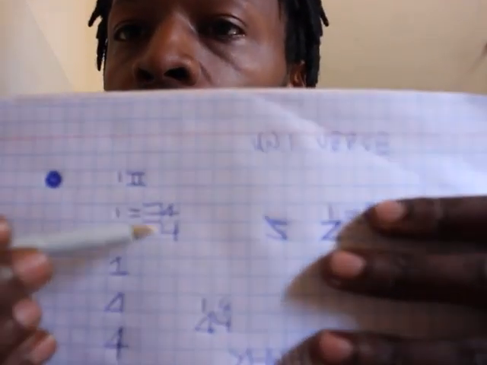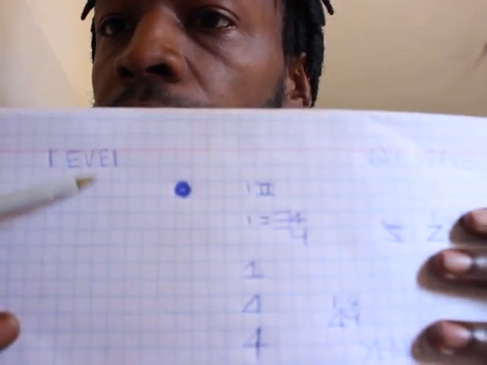So what was happening on the second day was He was creating a level. So this level is 2, and then Adam is first, Eve is second, right? So this level is just like this. So this is L, E, V, E, then L. Okay. So here, this is the second day.